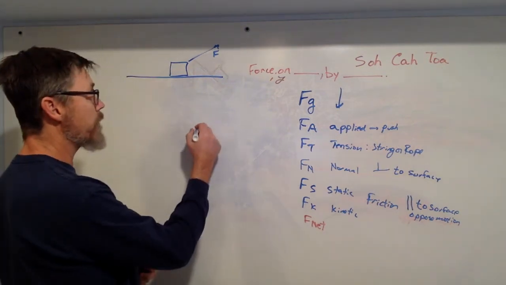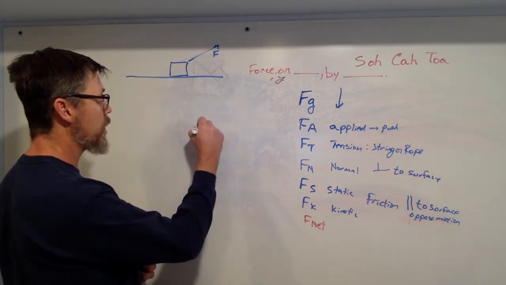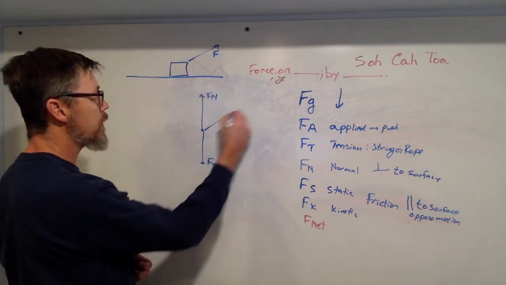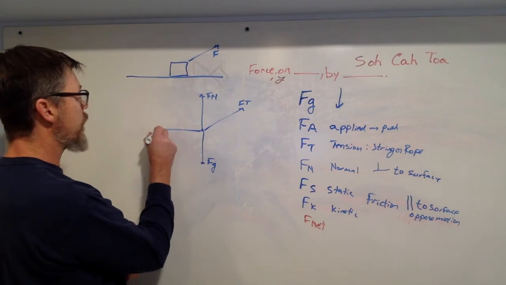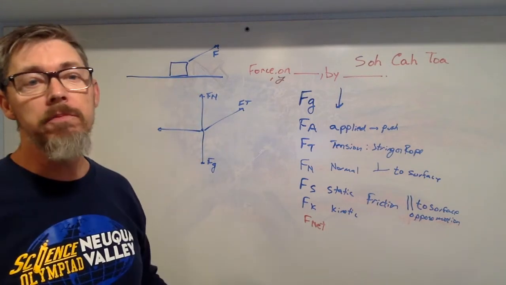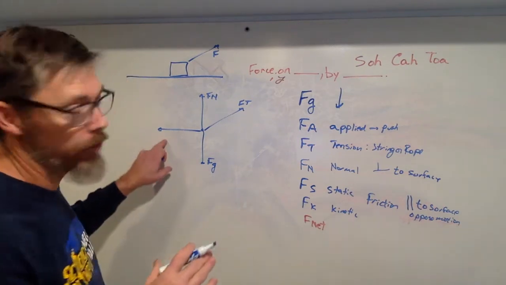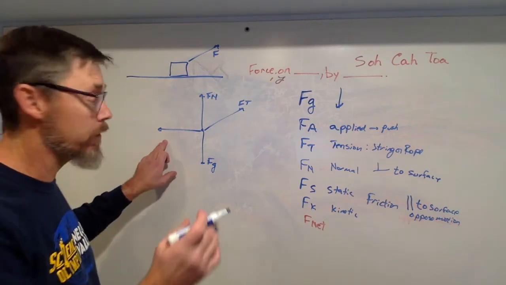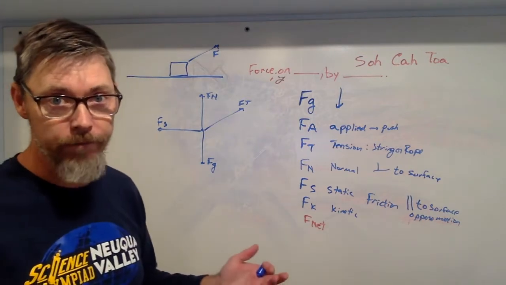Our force diagram number one has Fg down, Fn up, tension at an angle, and I'm going to say that it's not moving. If it was moving with constant velocity, the only difference would be what we call the friction force. If it's not moving, we're going to call it static friction. If it were, we'd call it kinetic friction.